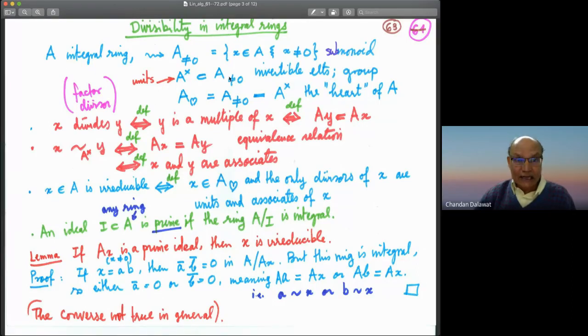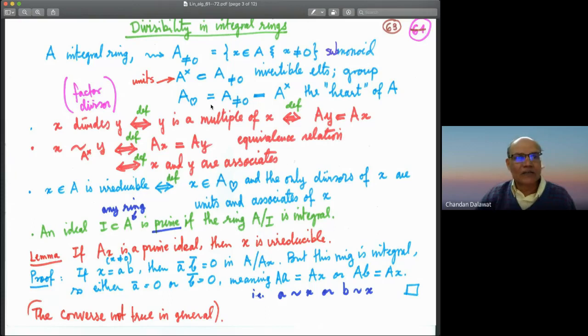Inside this A not 0, I have the subgroup of invertible elements. And I'm going to use this abbreviation A heart, A sub heart. This little thing here is supposed to represent the heart. This is my notation for this lecture. It's not standard at all, but it will make many statements very convenient.